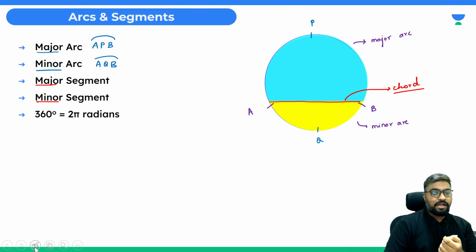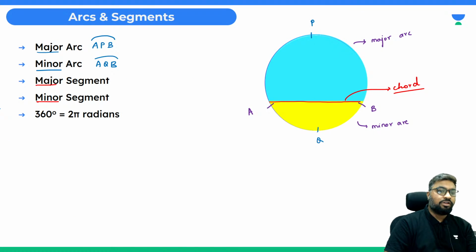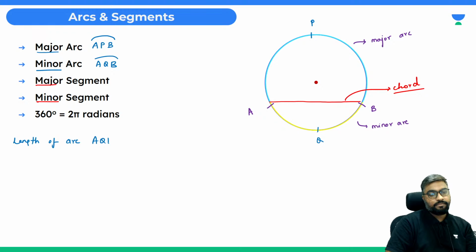Now to find out the length of an arc, so going back to arcs, the length of an arc, let's say if I want to find out the length of the arc AQB, okay, since it is part of the circumference, ये वाला जो AQB है, this is part of the circumference, correct?